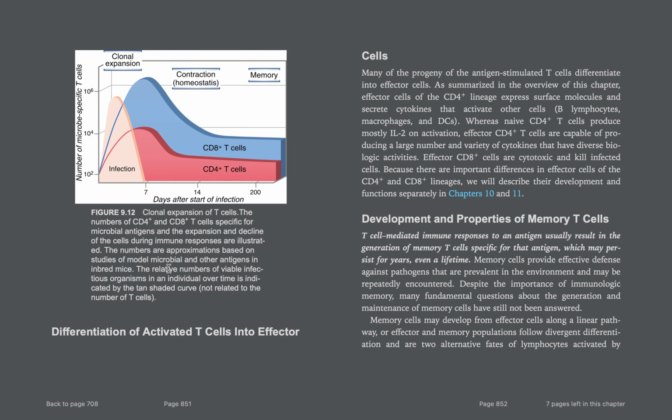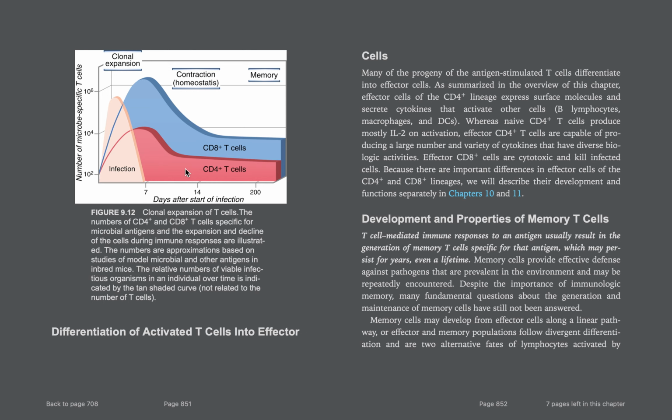The numbers are approximations based on studies of model microbial and other antigens in inbred mice. The relative number of viable infectious organisms in an individual over time is indicated by the tangent-shaped curves. Okay, so contraction, homeostasis, clonal expansion. You have infection, and they expand.